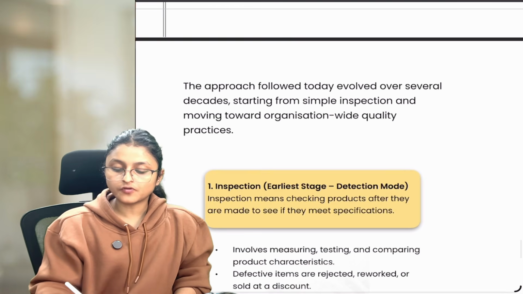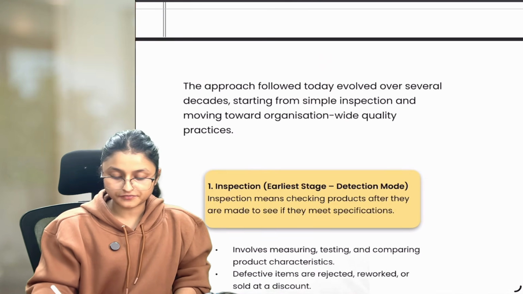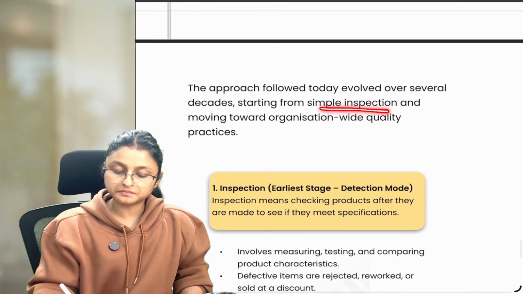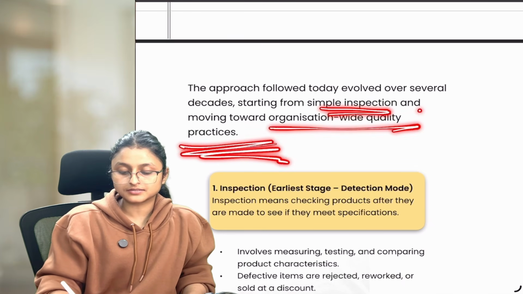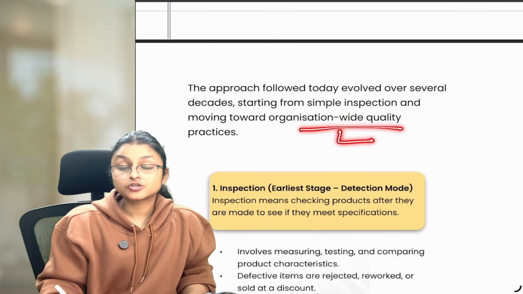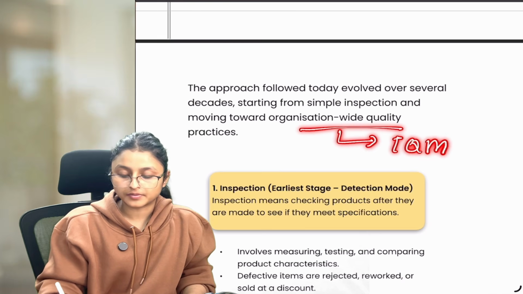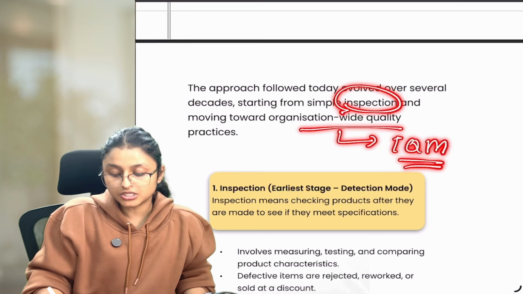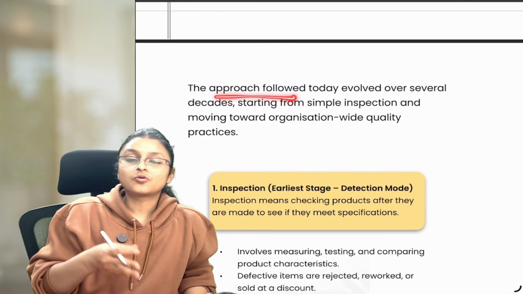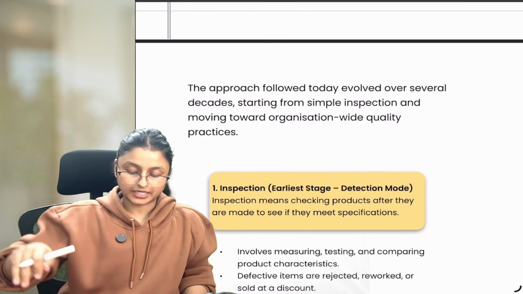So the approach followed today evolved over several decades, starting from simple inspection and moving towards organization-wide quality practices. So organization-wide quality practices, TQM. Right? So we started from inspection and we moved to TQM in our quality management processes with time.